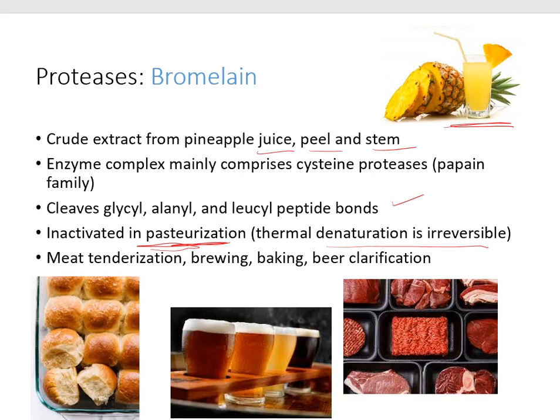But if you have a canned pineapple juice, the result won't be good because it's canned, and during canning there's a pasteurization process, and this will destroy the enzyme activity in canned pineapple juice. So you cannot marinate your meat with canned pineapple juice because of the thermal denaturation of your enzyme.